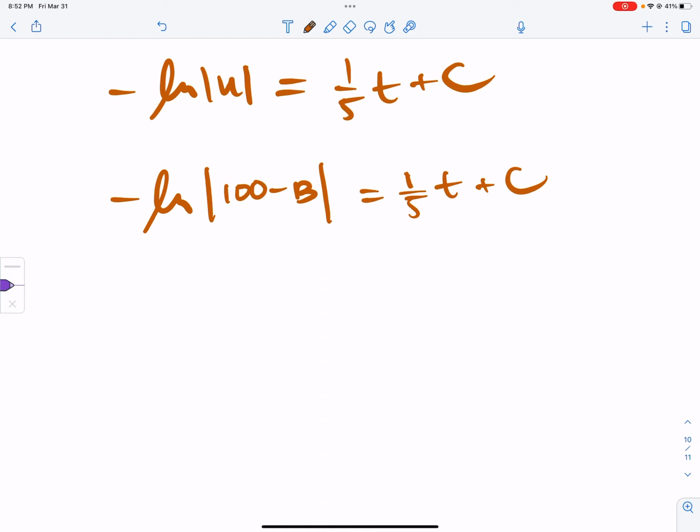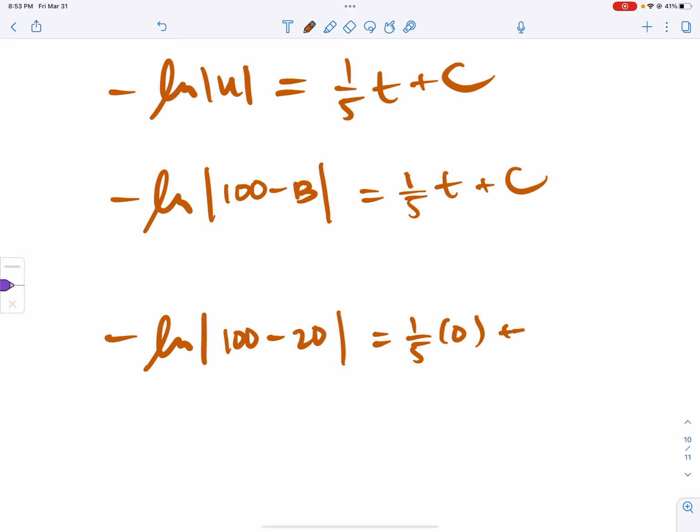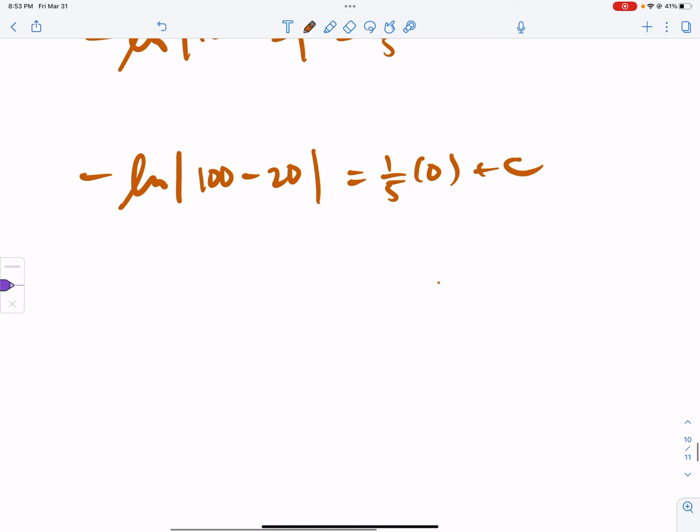Okay. And we're solving for a particular solution, so I'm going to substitute 20 in for B and 0 in for t. Okay, so C ends up being negative natural log of 80.